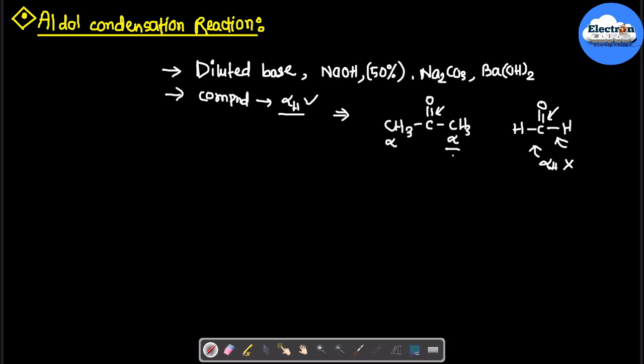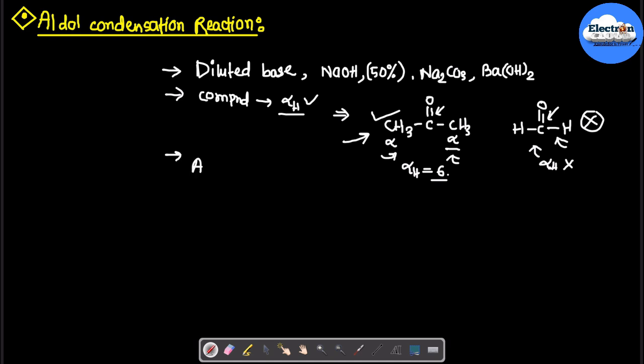On this side 3 hydrogens are alpha hydrogens, and on the other side another 3, so 3 plus 3, 6 alpha hydrogens in total. So this compound matches the criteria of aldol condensation, but the other does not. If two substrates are in the reaction, at least one compound must contain the alpha hydrogen atom. And the third criterion is, what is the general product formation?